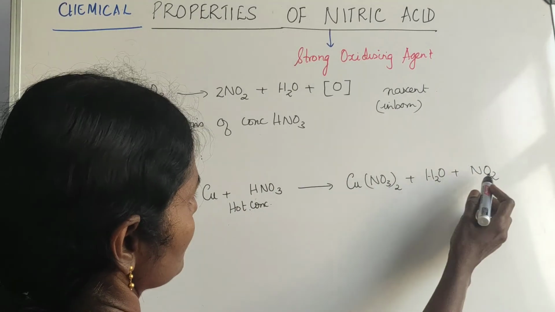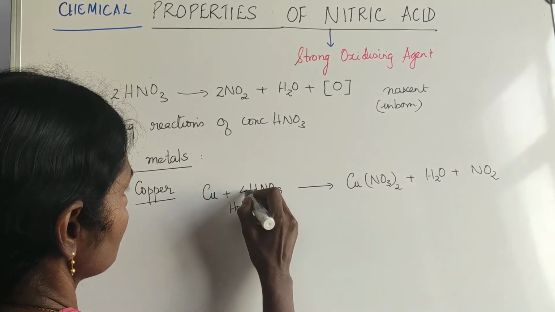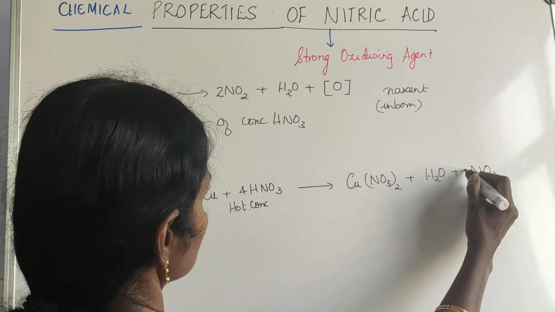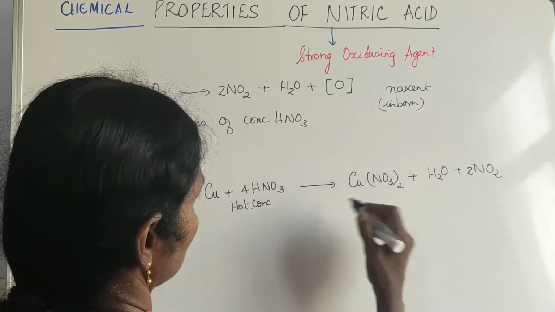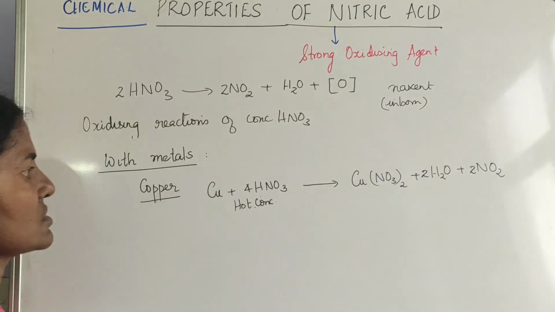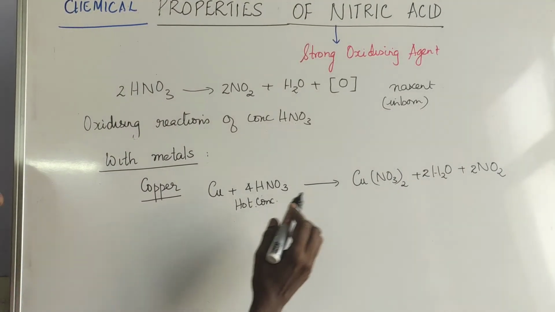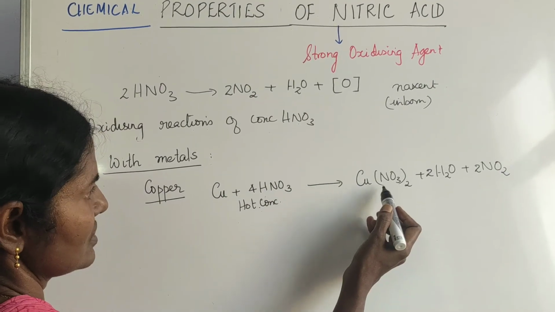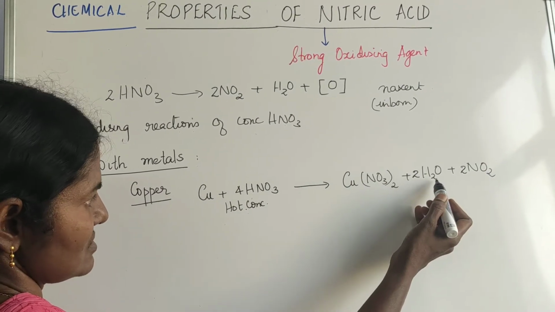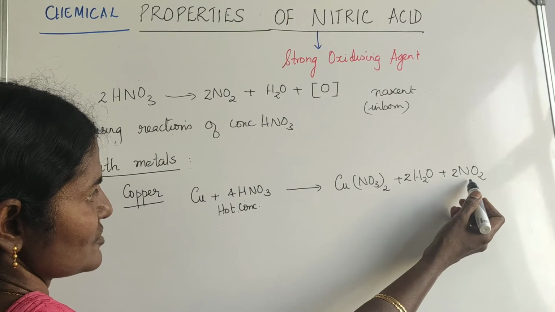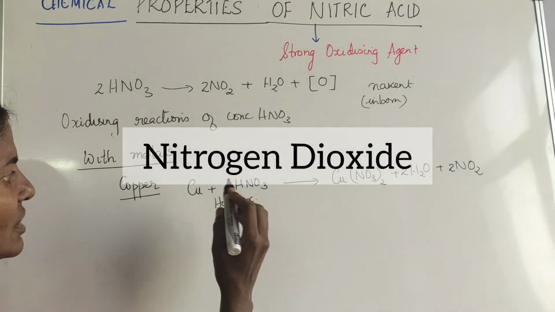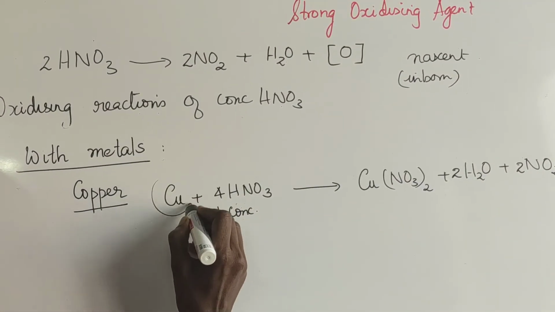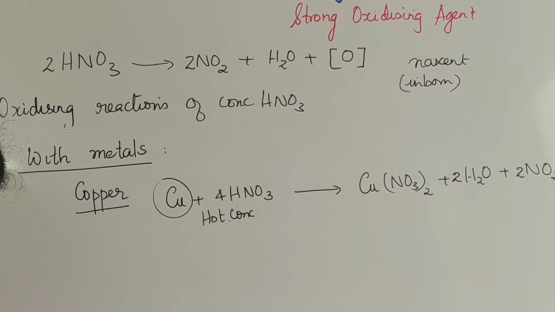Here 2 is there, so 2 here. Copper is oxidized, hydrogen is oxidized, nitric acid is reduced to nitrogen dioxide, and this is reddish brown.